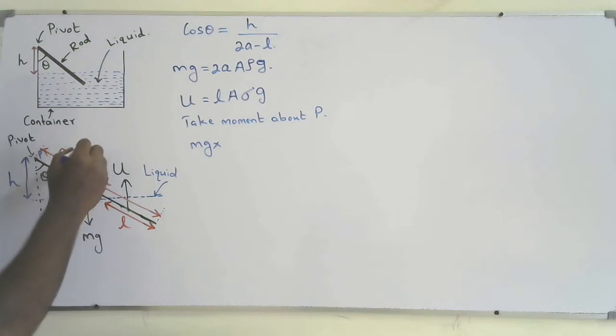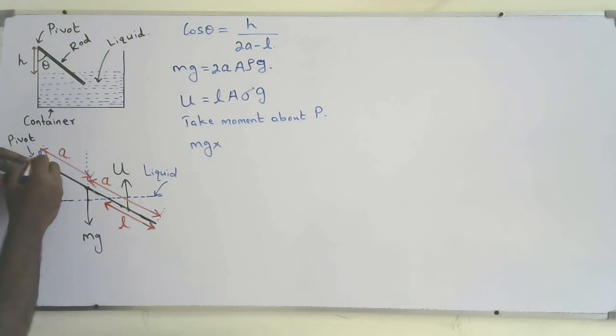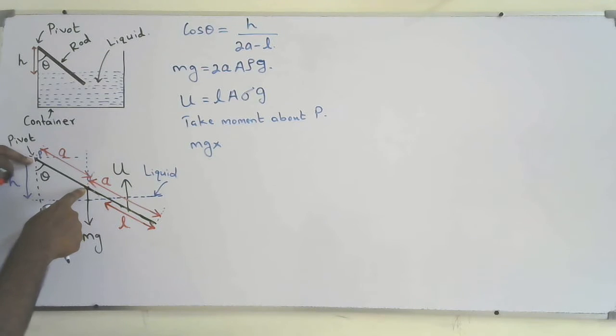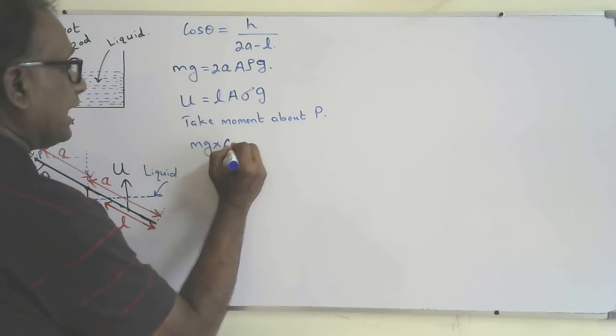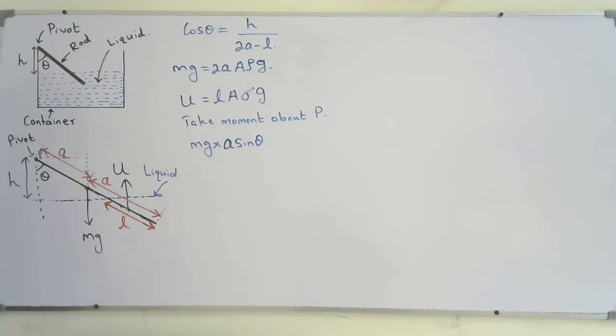The line of action of the force is this one, and the perpendicular distance from here is the distance I need to find. In this right angle triangle, this is the center of mass of the rod, and the distance from the pivot is a. This angle is theta. So that will be a sine theta, mg times a sine theta, in the clockwise direction.